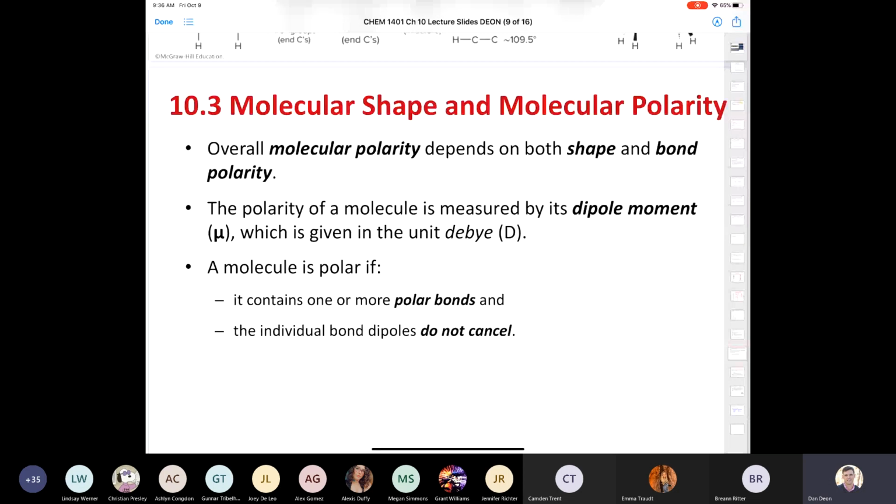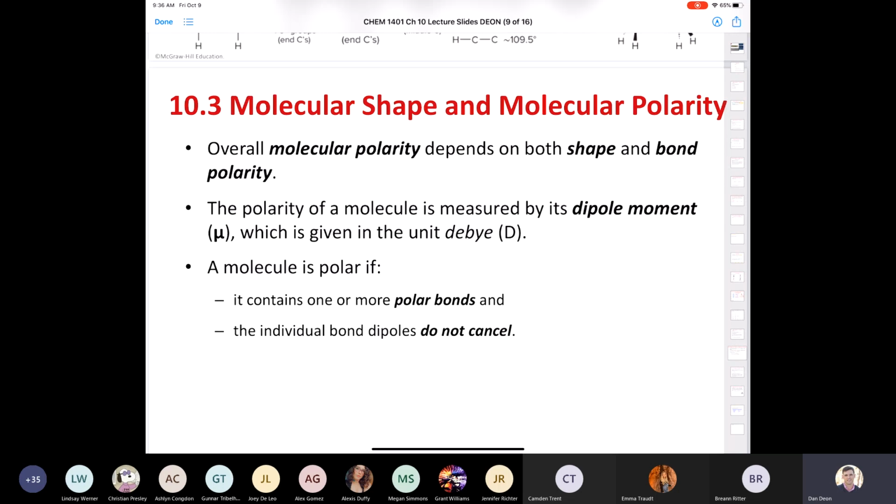Let's take a look. Overall, molecular polarity depends on both shape of a molecule and bond polarities. The polarity of a molecule is measured by its dipole, the abbreviation mu, that's the Greek letter mu, which is given by the unit debye. We're never going to really concern ourselves with the units of debye a whole lot in this class, but they are the units that are used to measure the overall dipole moment of a molecule.